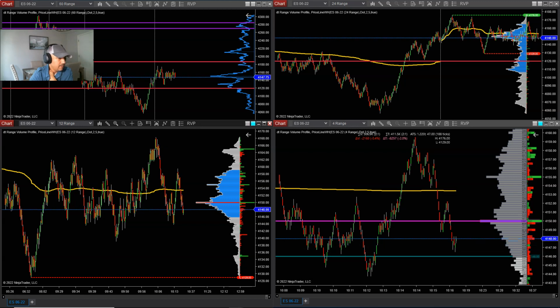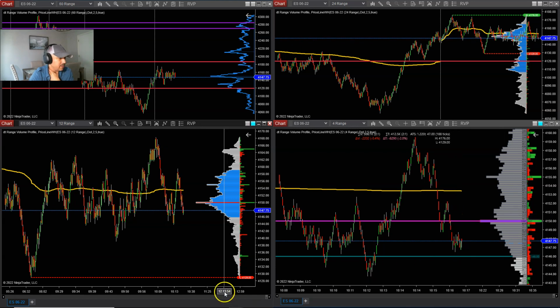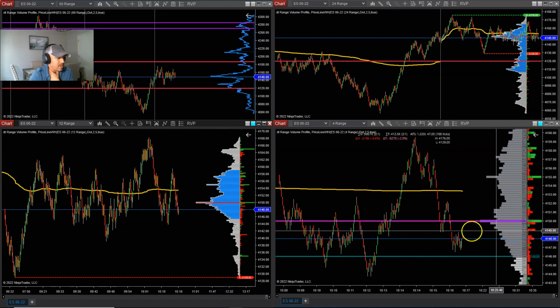It may try to retest the VPOC here, but we got a swing right here, so I'm not too interested at the VPOC where price can bounce or stop it, I say.